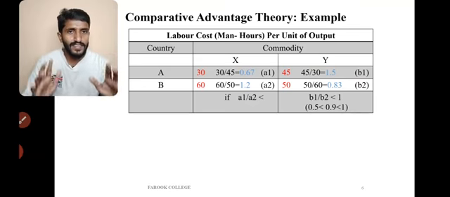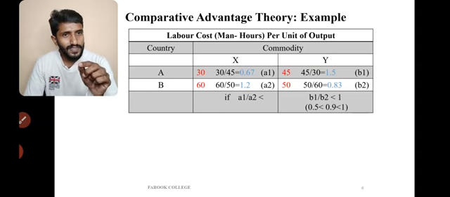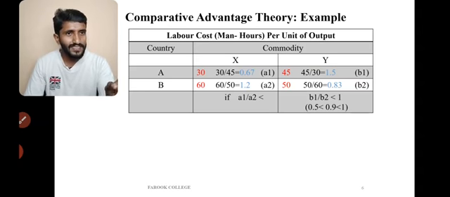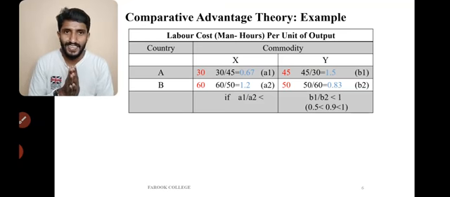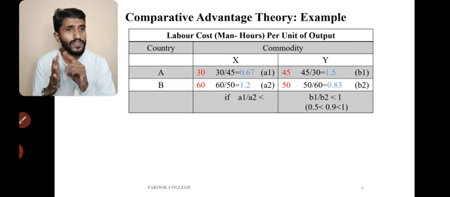The same case we can see in the case of B. Comparative cost is equal to 60 divided by 50, 1.2. Then Y, 50 divided by 60, is equal to 0.83. So we got four numbers: 0.67, 1.5, 1.2, 0.83.